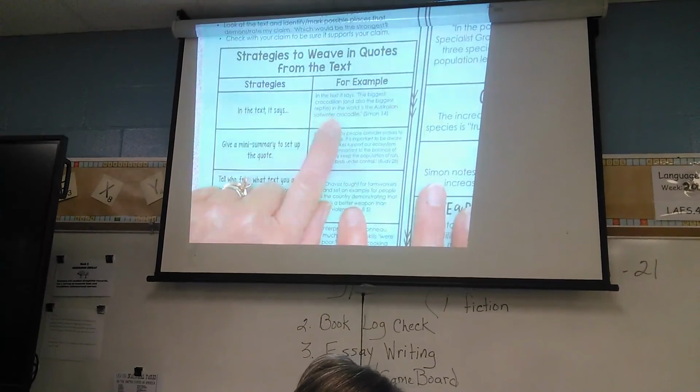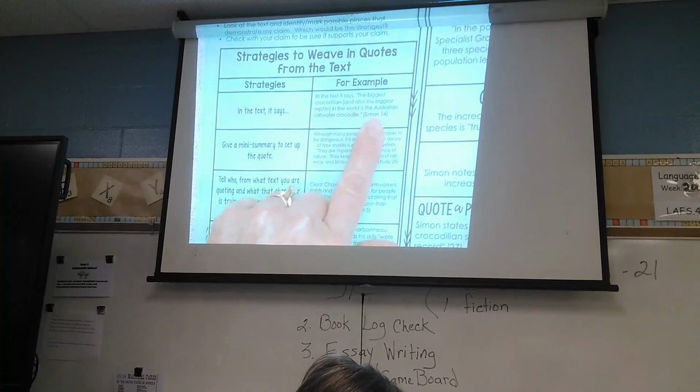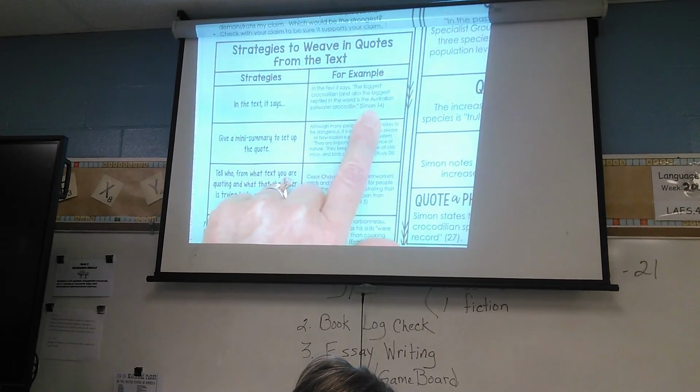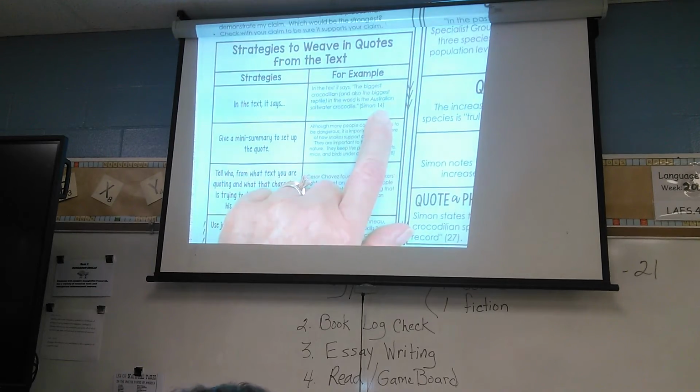Let's look at the example. In the text it says, and here's the quote, "The biggest crocodilian and also the biggest reptile in the world is the Australian saltwater crocodile." Now, look what's after that. In parentheses, it says Simon, and the book was written by Simon. So it's the author's last name, and then 14. That's the page it's on.